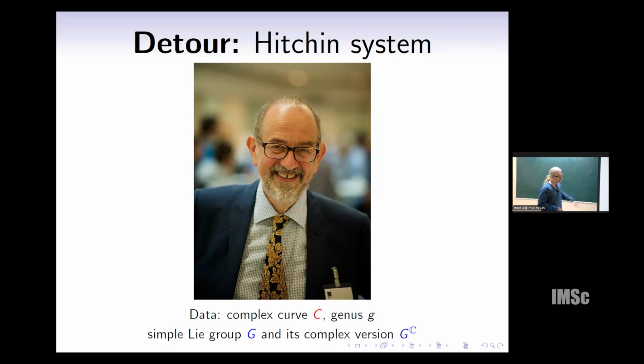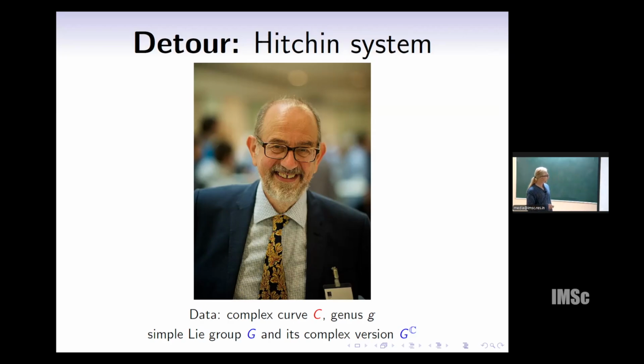But originally it was something very abstract, invented by Nigel Hitchin. And so it's called the Hitchin system. This is an interesting classical mechanical system, generalized in the sense that everything is complex in this generalization. So the phase space is complex and the Hamiltonians are complex.